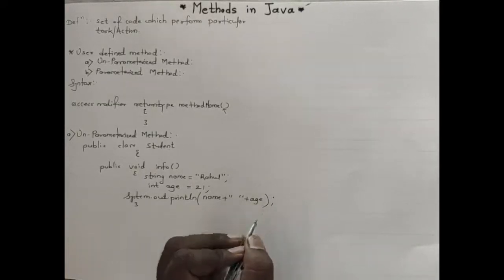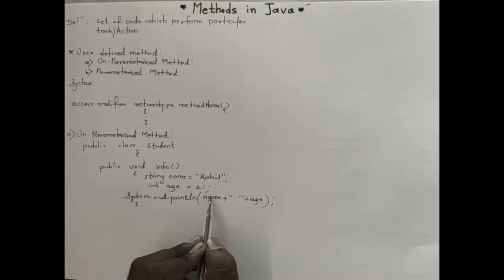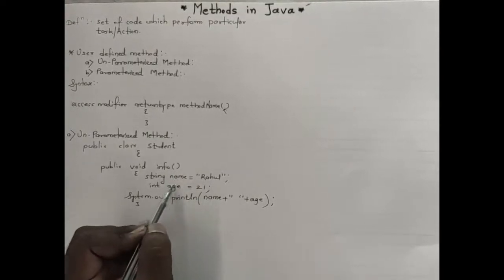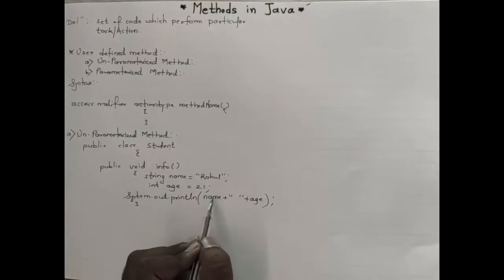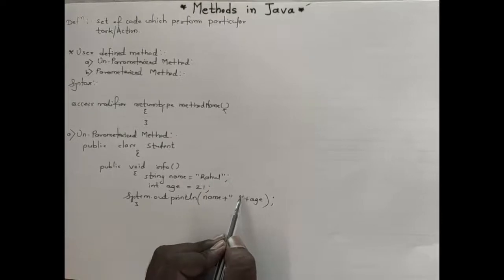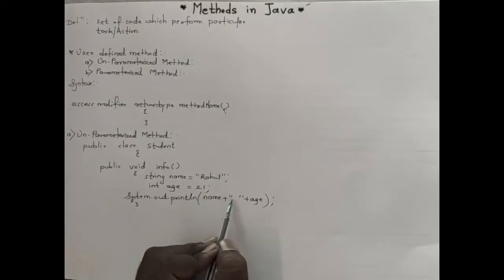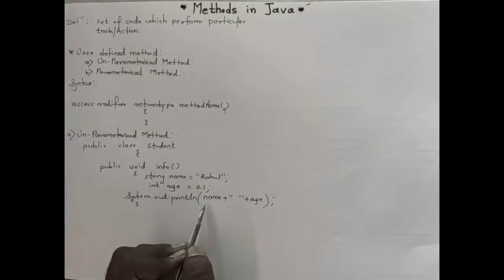Complete. So I just use a single printing statement here. Inside that I am providing two variable names. Name plus sign, double quote space double quote, plus age. What happens? In a single line we get the output for those two.